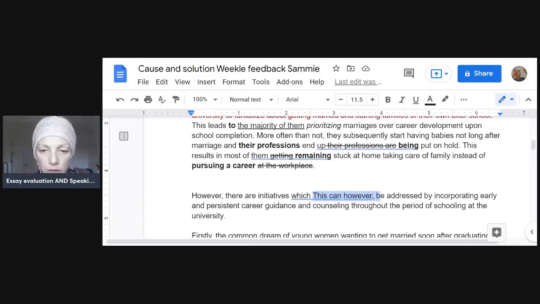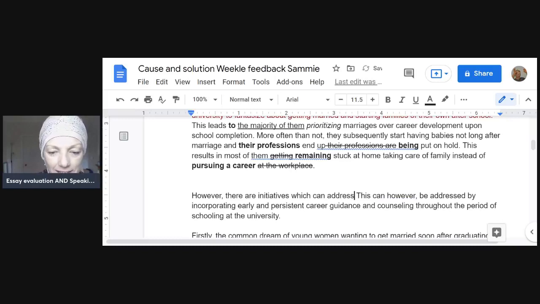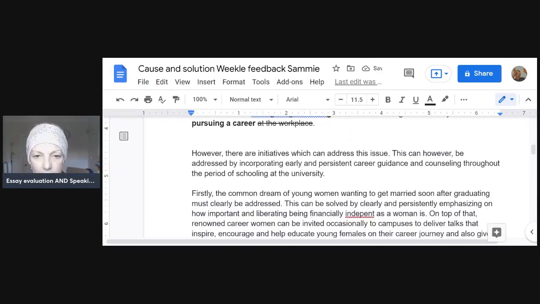So I wouldn't make the topic sentence so long. This can be addressed by incorporating early and blah, blah, blah, which can address this issue. I would say firstly. Oh, she said firstly there. Okay, there are initiatives which can address this issue.